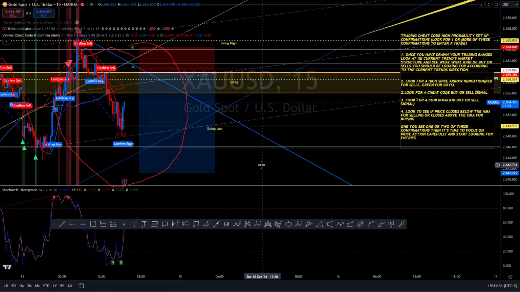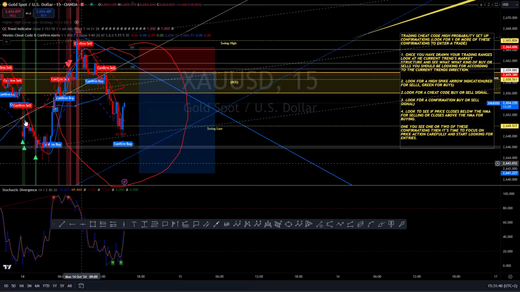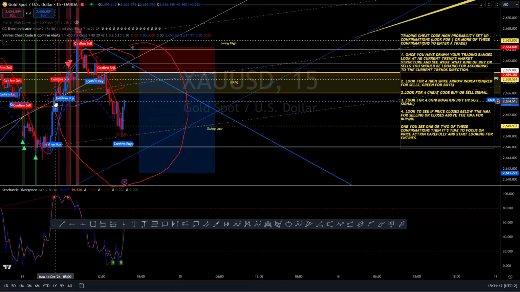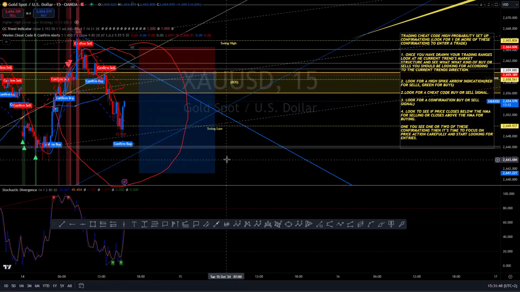There was a confirmation buy for the big candle, but this is a strong structure here. We need to see if price is going to break through that and continue to go up to confirm that confirmation buy.